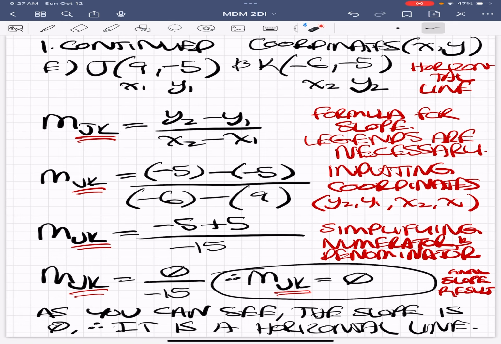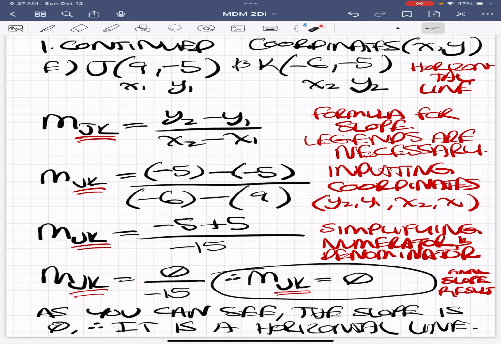And then we canceled out double negatives, it becomes a positive. So we have -5 plus 5, and then we simplified. We inputted the coordinates, so y2, y1, x2, x1, and then we simplified the numerator and the denominator. And what we found was that the denominator was -15, and the numerator ended up being 0.